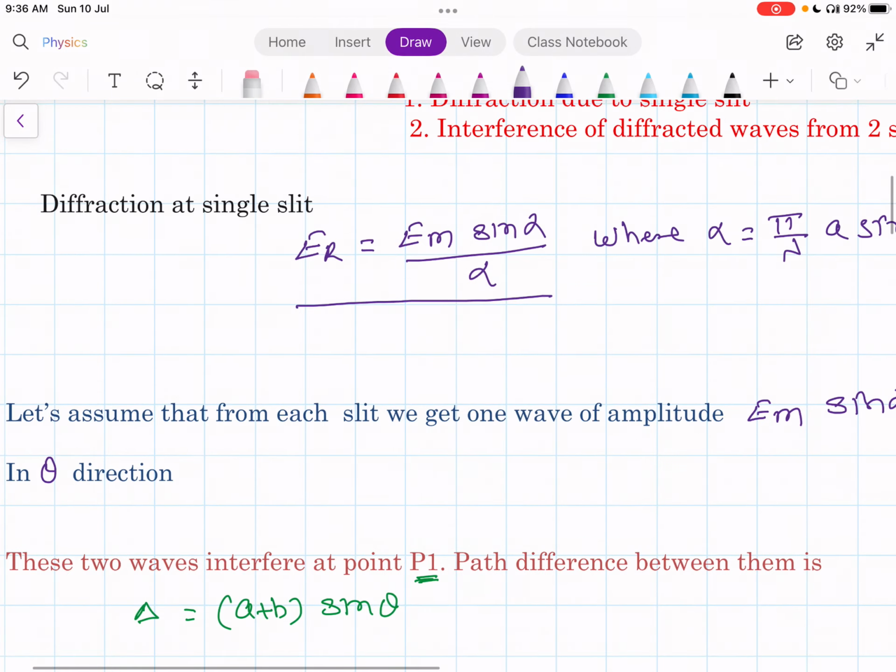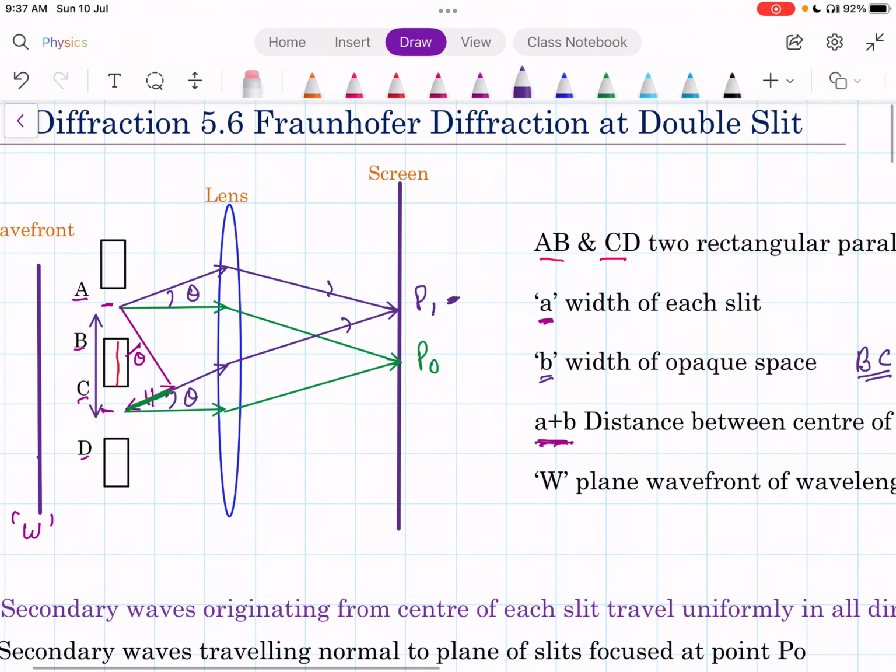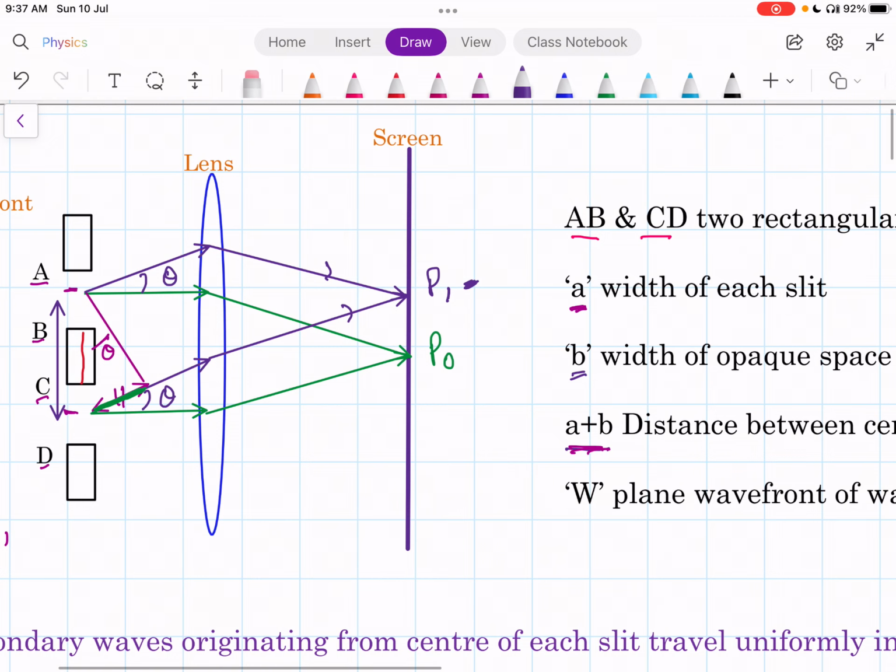Now, as you see in this diagram, at point P1 two waves are reaching. So what would be the resultant amplitude at point P1? What we have to find is the resultant amplitude at point P1.